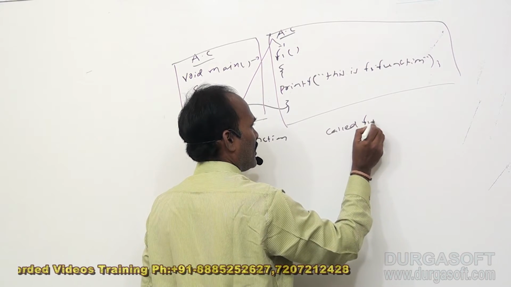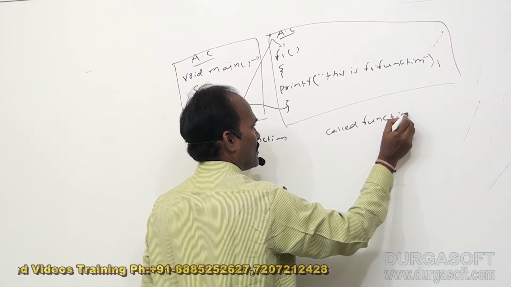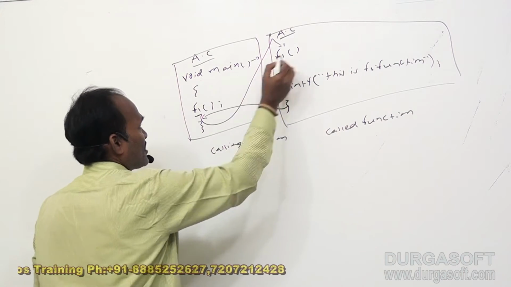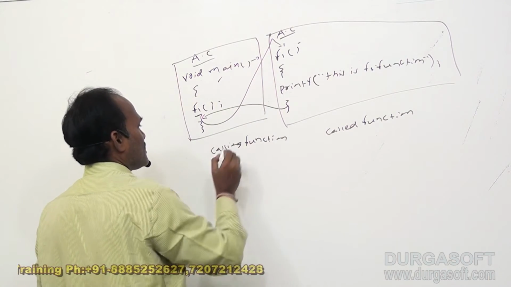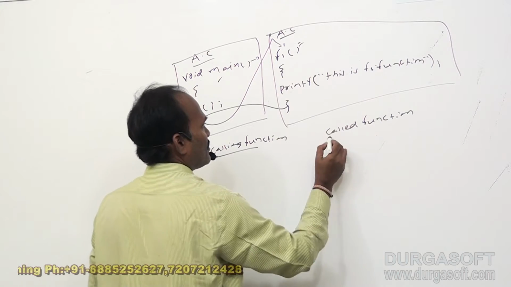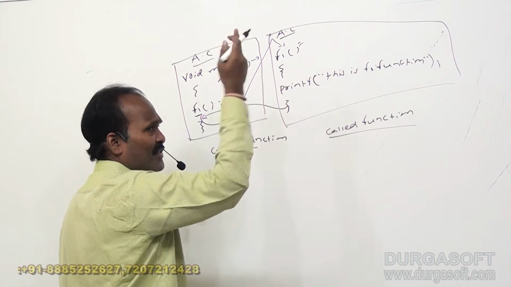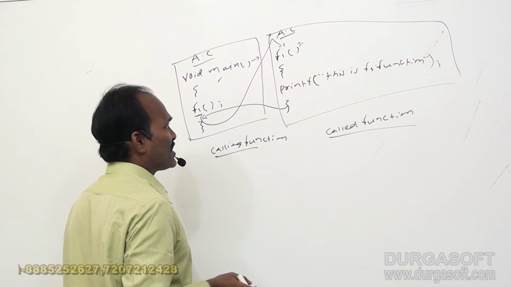Calling and called function means the main function is calling the F1 function. So the main function becomes the calling function, and the F1 function becomes the called function. This F1 function can be used by many other functions.